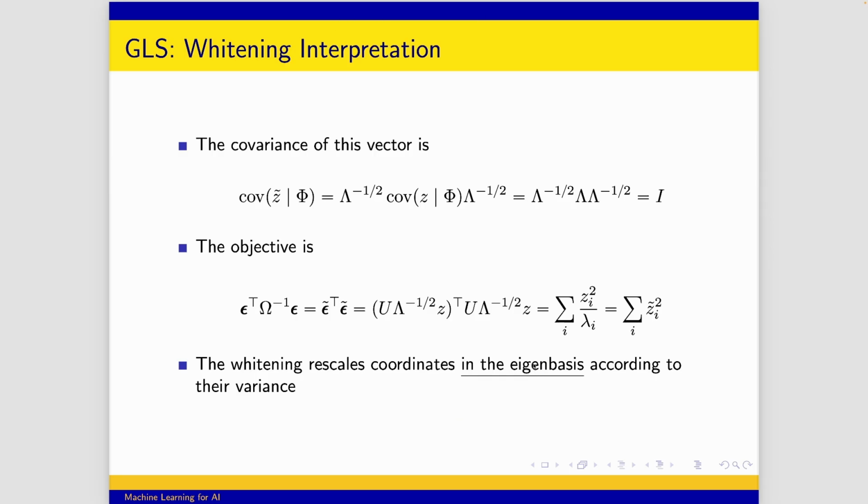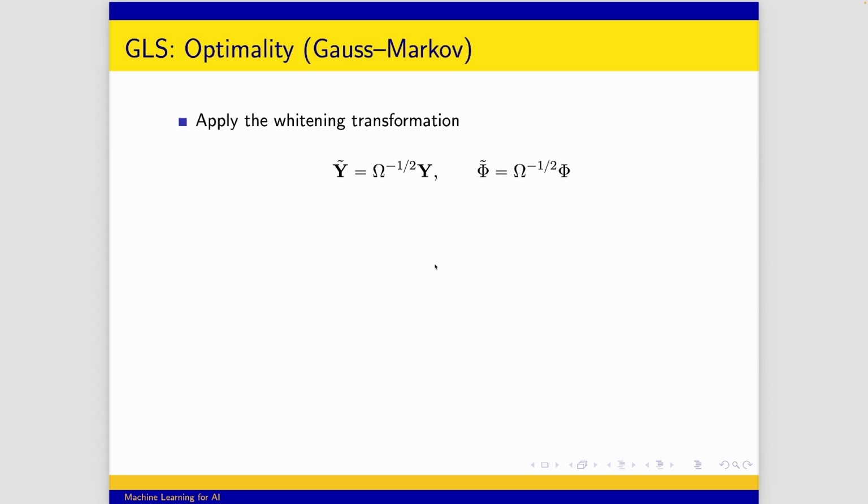Okay, so let me leave that there, and then we will come back to this when we look at a special case, which is weighted least squares, where we have a diagonal omega. Now, there's one more part actually. Let's show one last thing, which is that we have optimality.